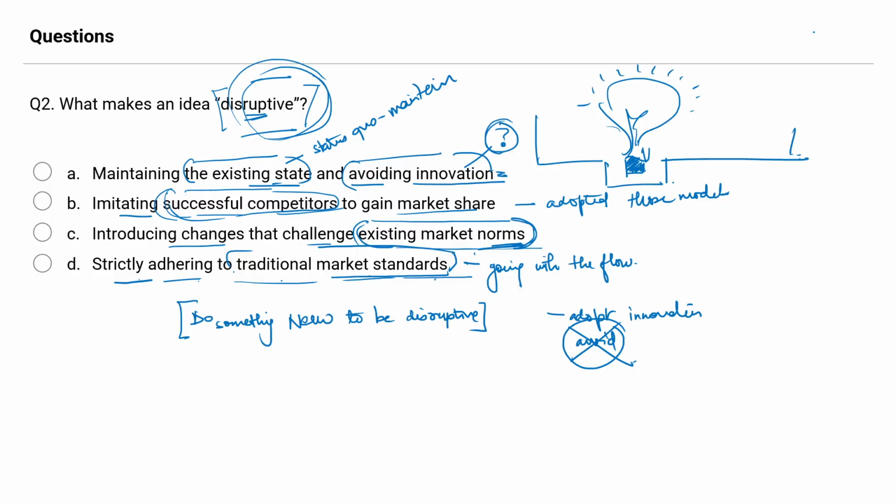You have to tell me what makes an idea disruptive. You've got four options. You can do it by adding a comment in the chat box and we'll then take over.